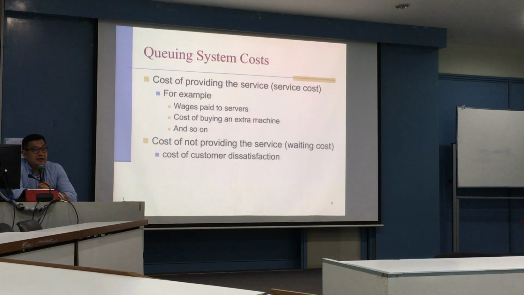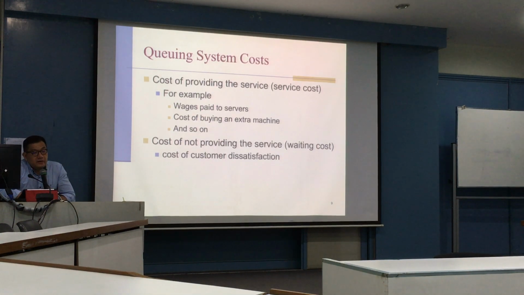You can think of it as the opportunity loss of the company, because the customer is unhappy with the time they have to wait in the system. It means the company loses income or revenue in the future because the customer may not come back to use the service again. So this is the waiting cost, the cost of dissatisfaction, the cost of unhappiness of the customer.